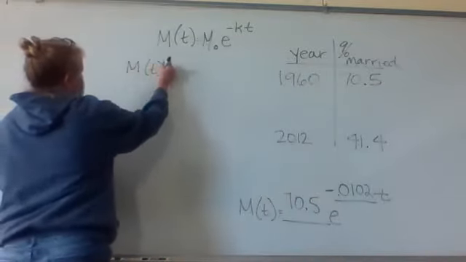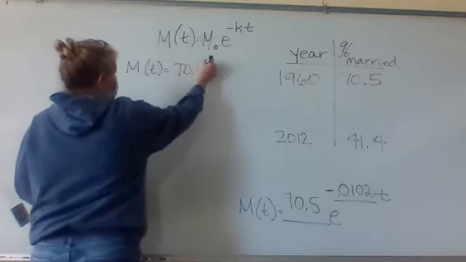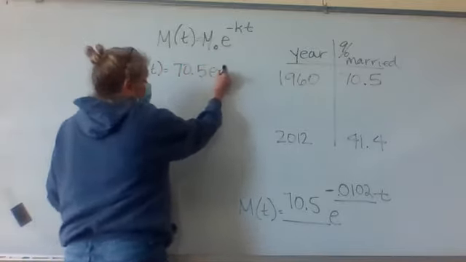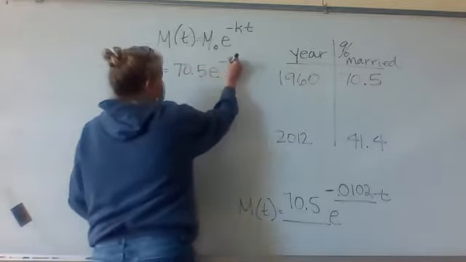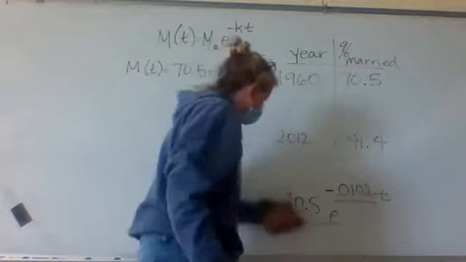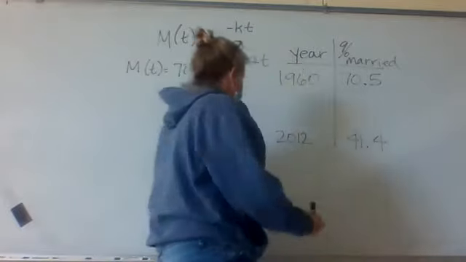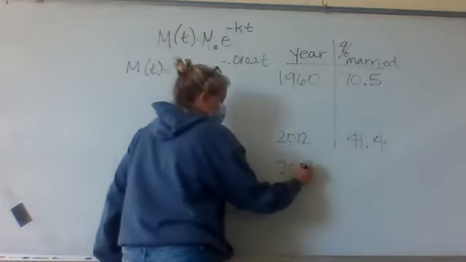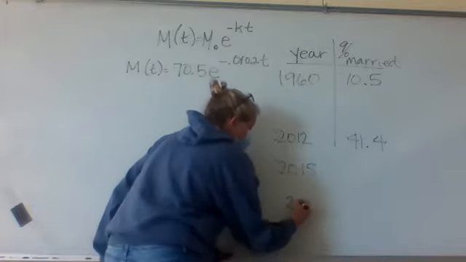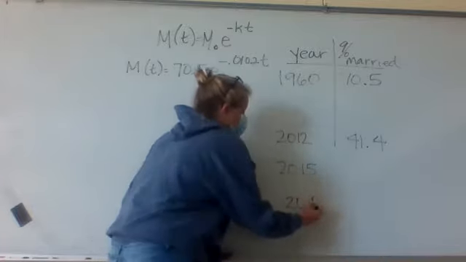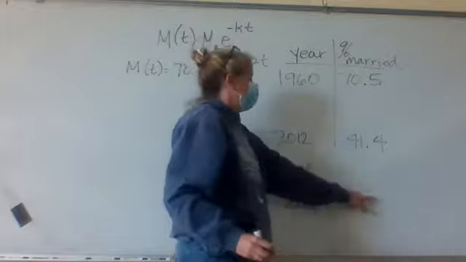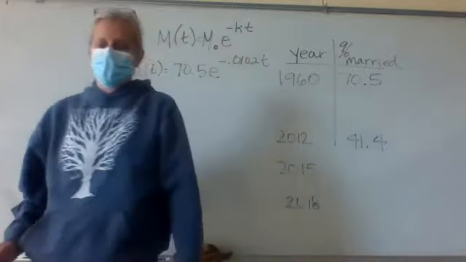M of T equals 70.5 E to the negative 0.0102 T. So that's what this formula is. It says 2015 and 2018. It wants to know the percents that are going to be married.